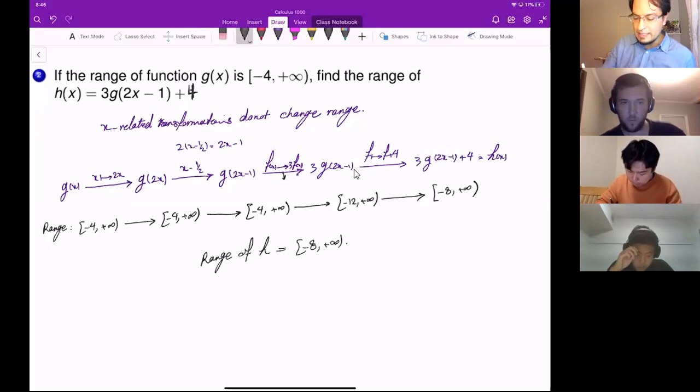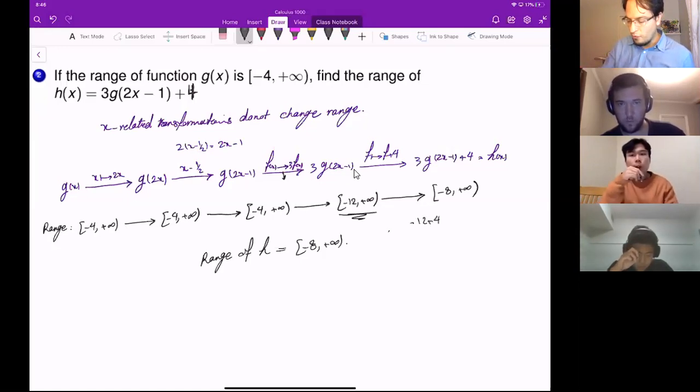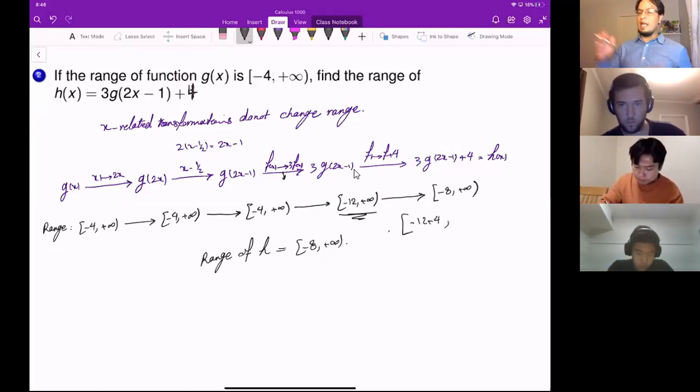Now, if you add 4 units to everything on that interval, you get -12 plus 4. Starting from that point, I will go up to infinity. Everything is shifting up 4. That's why you still get up to plus infinity, and this will be -8 to plus infinity.